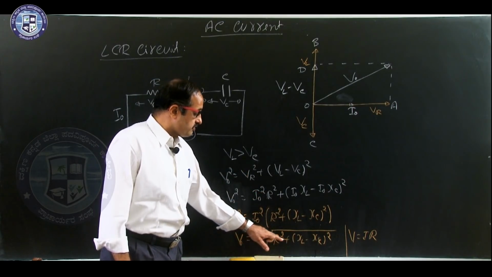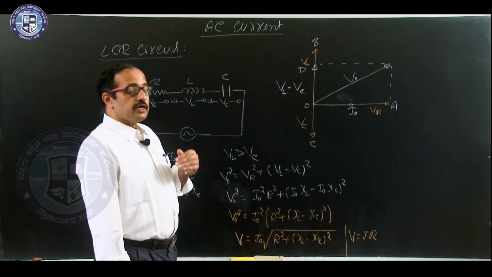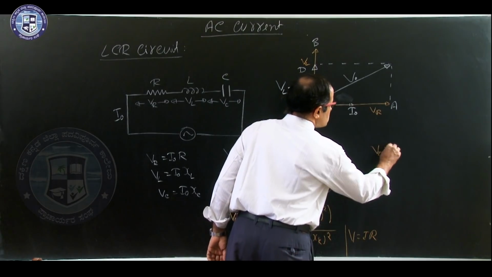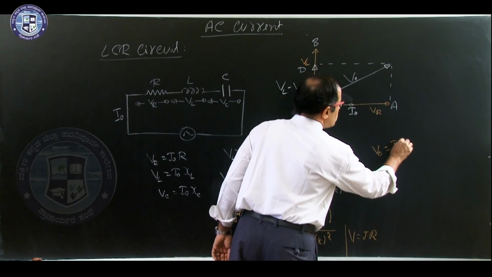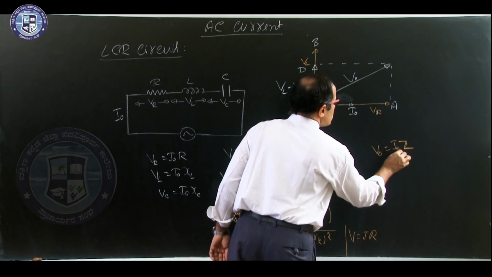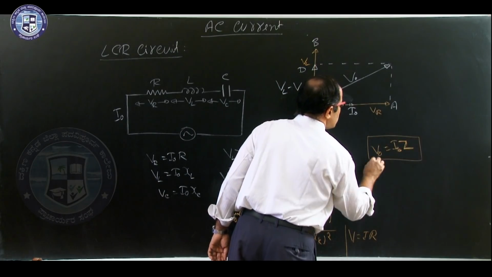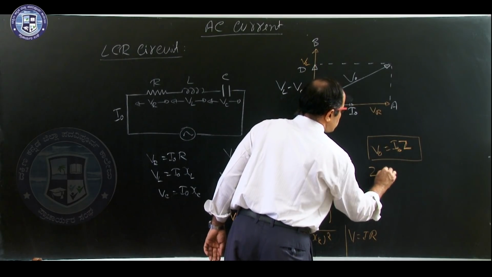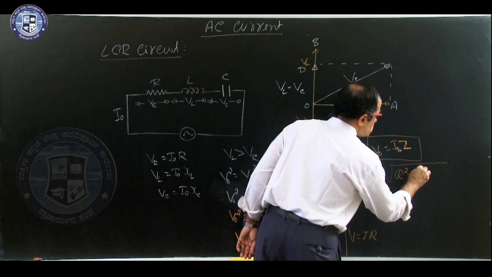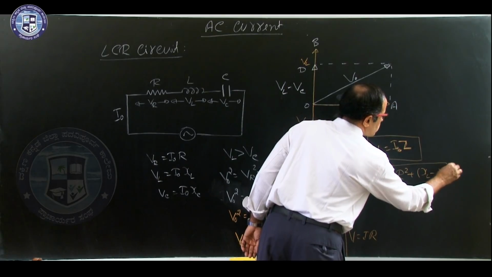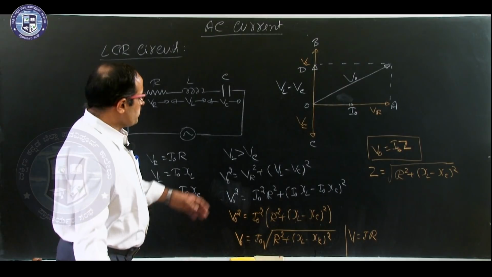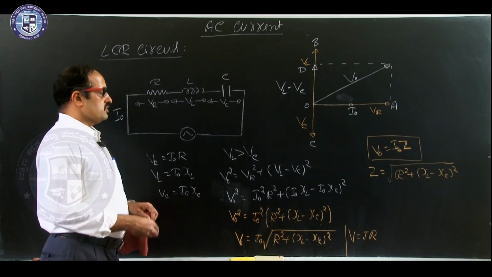It includes the resistance part and the reactance part. It is now known as impedance. Therefore, it is written as V naught is equal to I naught into Z, where Z is the impedance of the LCR circuit. And by comparison, Z is equal to the root of R square plus XL minus XC whole square. So, this much I explained in the last class.